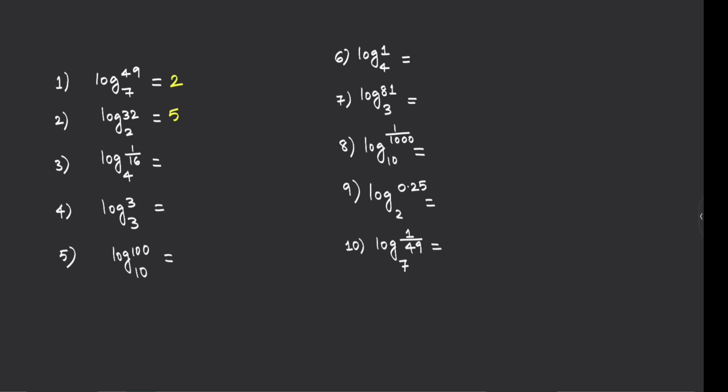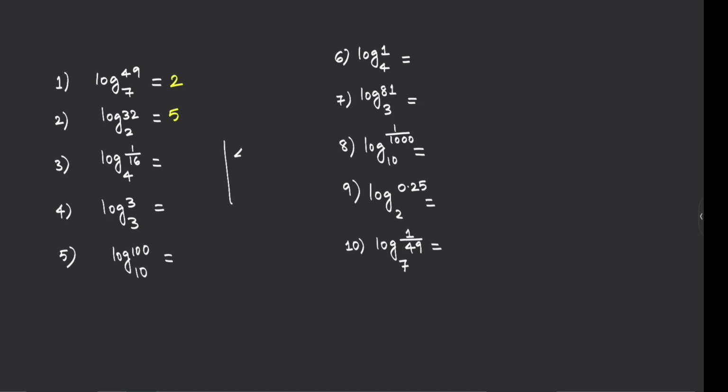Now here it is a little complicated because here the base is 4. How many times 4 should be raised to get 1 by 16? Rough work, let us do.